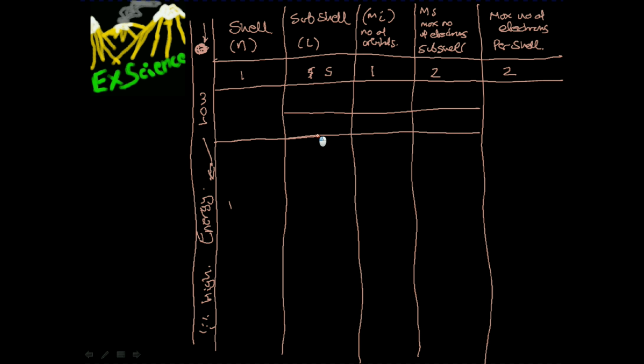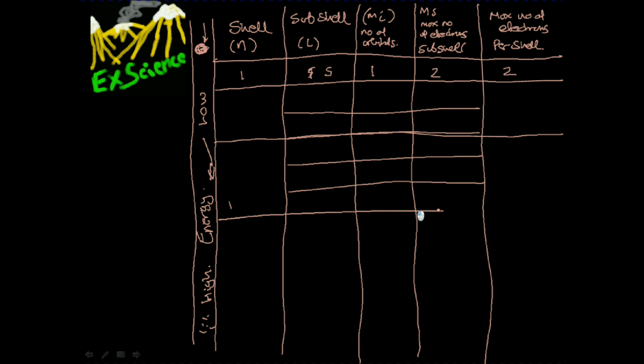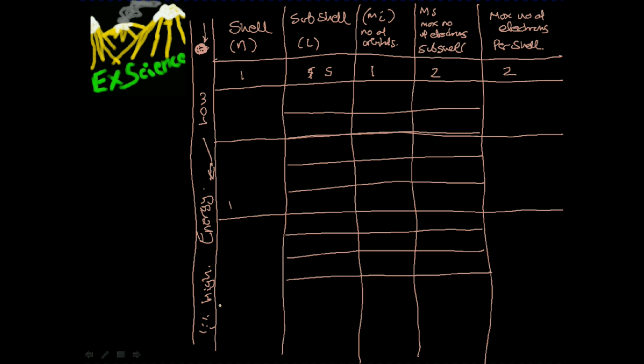Let's make that line across here, and let's draw these divisions. 1, 2, 3. 1, 2, 3, and then finally a fourth.